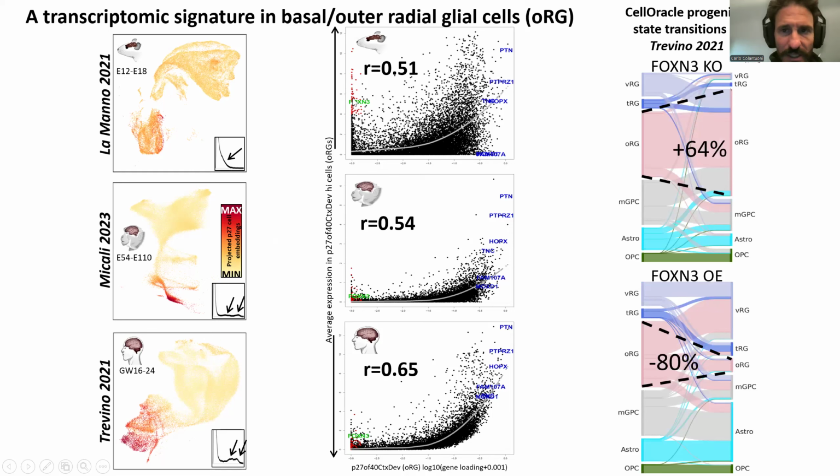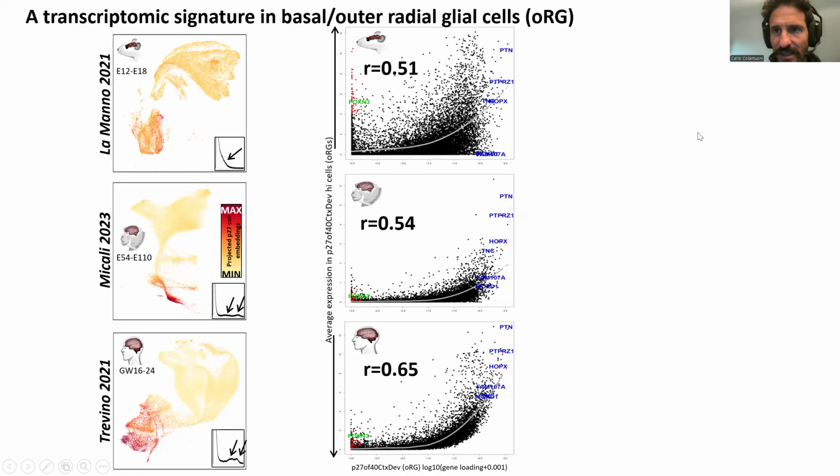So one of the things we noticed back here, before I get to that last panel, in the mouse, there's a whole bunch of genes, and I didn't really explain what the y-axis is. The y-axis is the expression of these genes in cells that look like outer radial glial cells that have this pattern 27 in them. There's none of those in the human. There's really no genes that are expressed at high levels in these cells that have low levels in the x-axis, which is their value in the pattern.